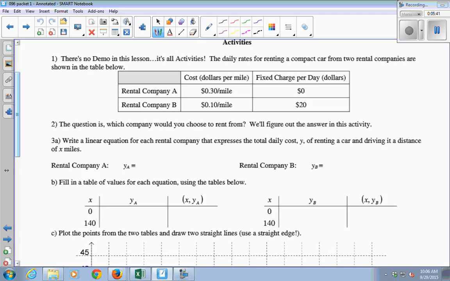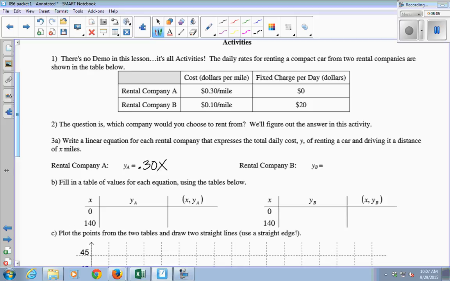So rental company A, I wrote that as Y sub A, just so you can tell the difference between the two Y's. Right? So the cost for company A, how would I write that as an algebraic expression? 0.30x, great. 30 cents per mile times X miles.